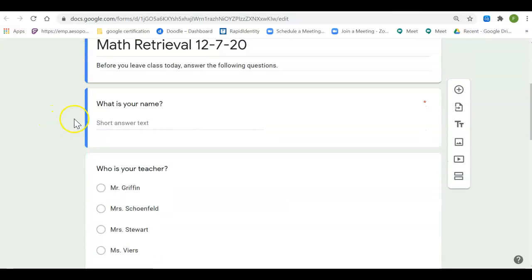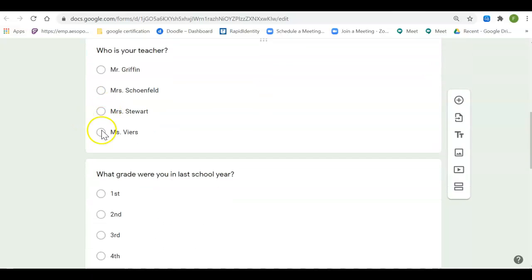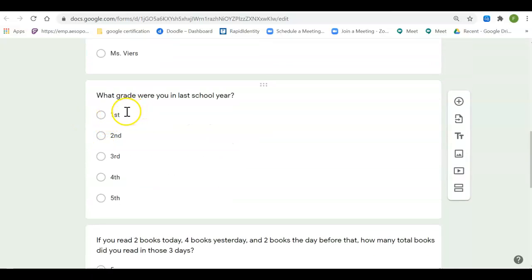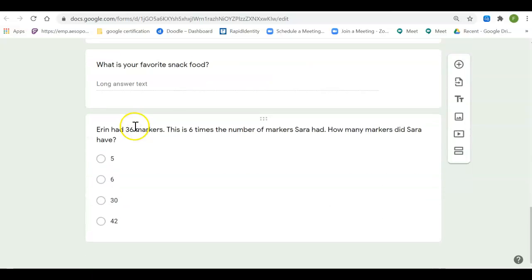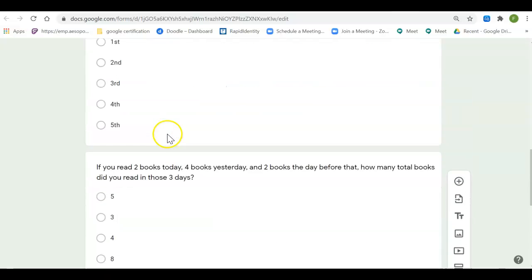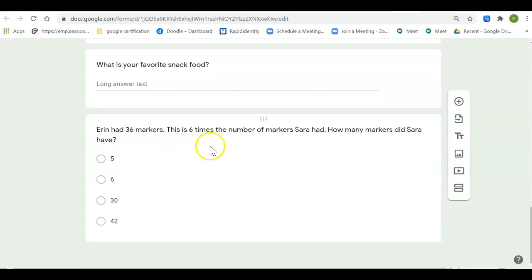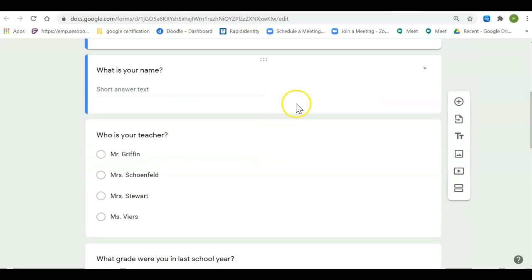Make sure to put your first and last name, who your teacher was, what grade you were in last year, and there are 3 other questions on here. Once you complete it, go ahead and submit it.